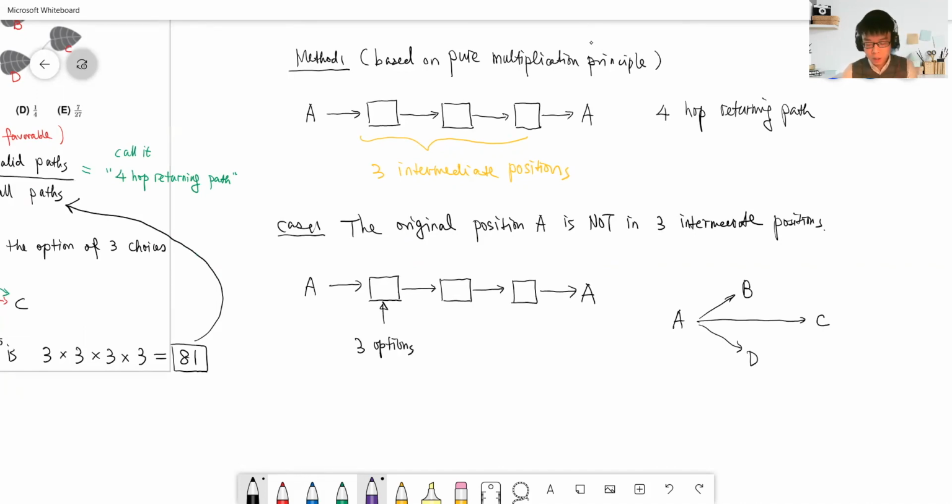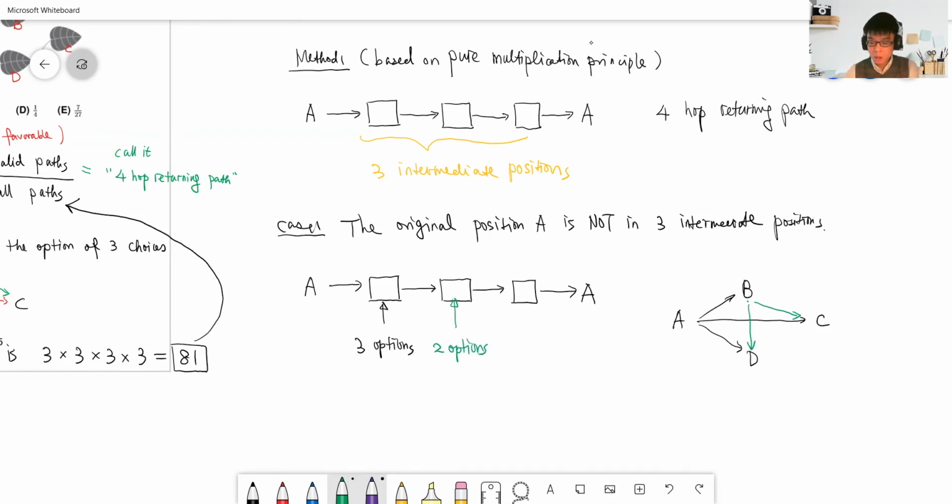Now we'll consider the second hop, because now the cricket is at B, C, or D. Let's say it's at B. The next hop, the cricket cannot return to A. So the cricket can only hop to C or D. There are only 2 options. This is the second hop, 2 options.